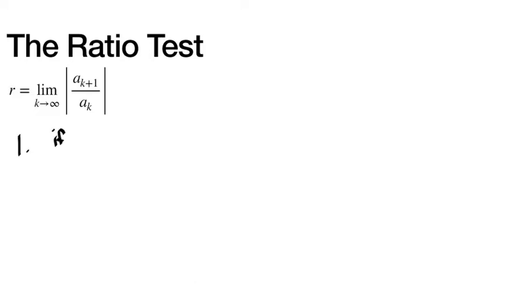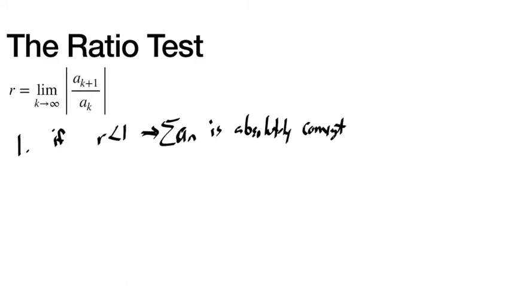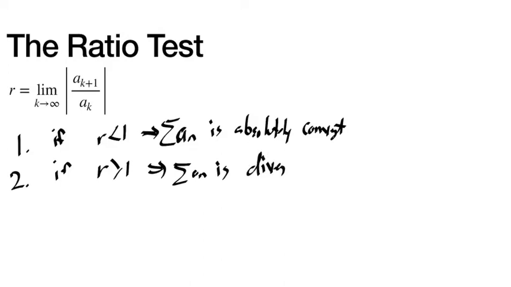One, if r is less than 1, then our series is absolutely convergent. And two, if r is bigger than 1, then our series is divergent.